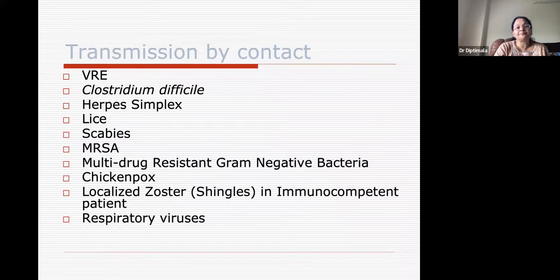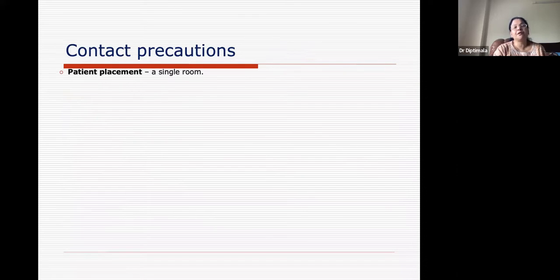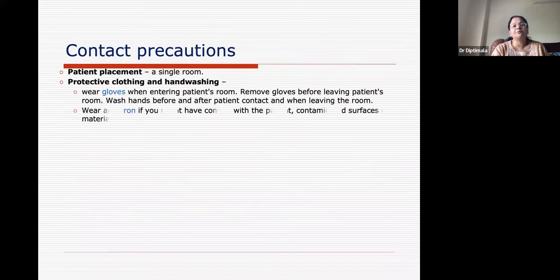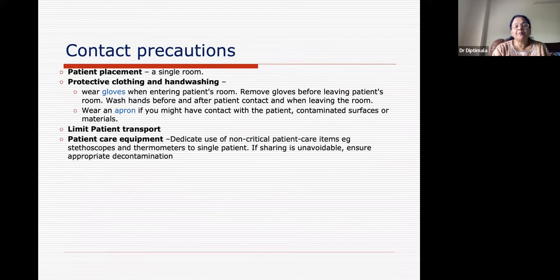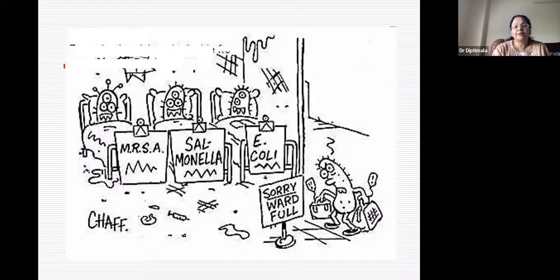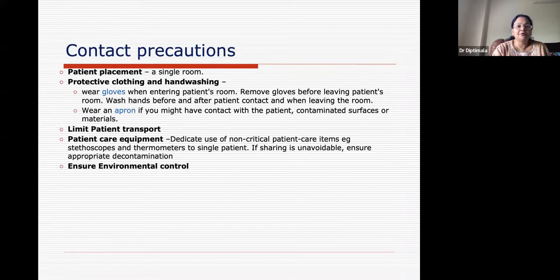Transmission by contact: VRE, vancomycin-resistant enterococci, Clostridium difficile, herpes simplex, lice, scabies, MRSA, multidrug gram-negative resistant bacteria, chickenpox, localized zoster in immunocompetent patients, and respiratory viruses. Again, these patients need to be placed in a single room. Protective clothing and hand washing. Limit patient transport, patient care equipment, and ensure environmental control.